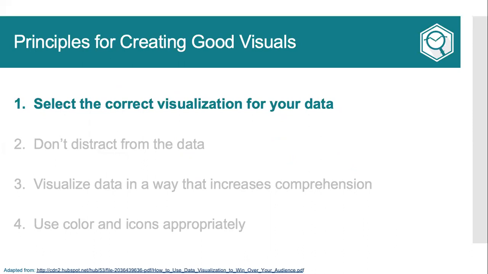The first one being selecting the correct visualization for your data. And what this really focuses on is selecting the right chart or graph to match what you're trying to say with your data.